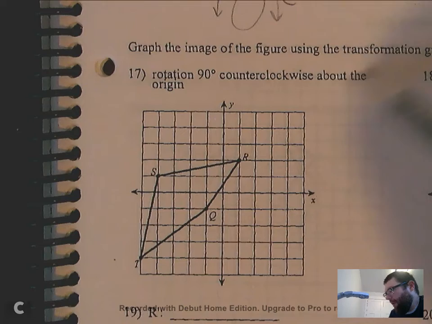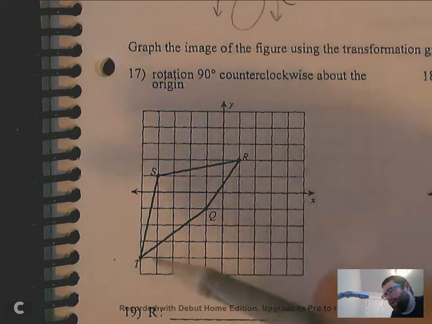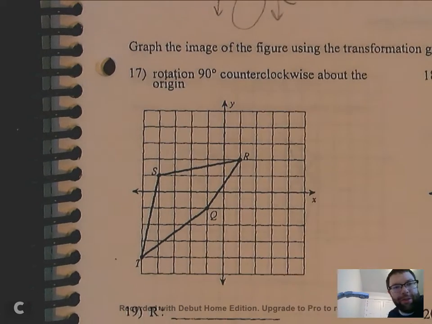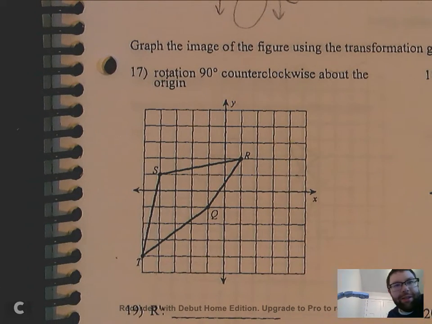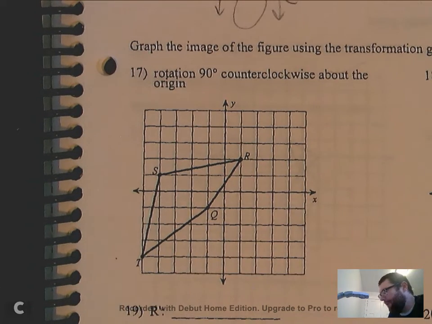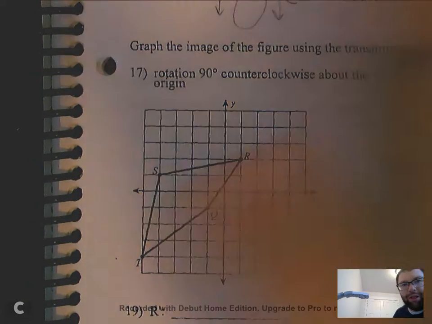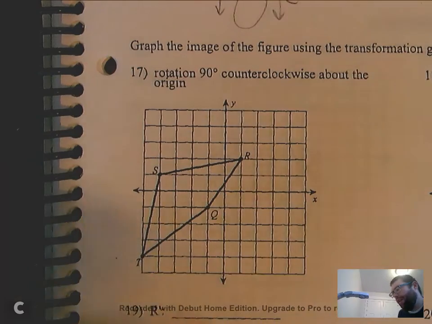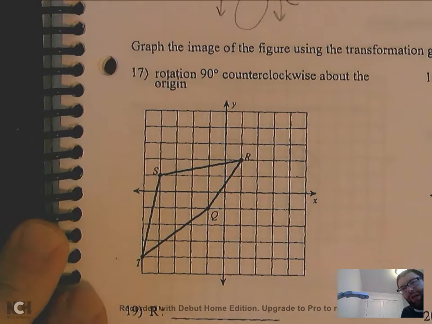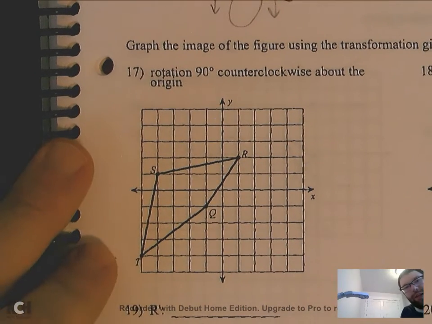So don't worry too much about the origin part because we're going to do all these about the origin. But I'm going to show you a trick for these. And I'm guessing it's a trick you saw in the last video. But counterclockwise would be turning to the left. And if I turn my book to the left 90 degrees, which is just on its side, right?